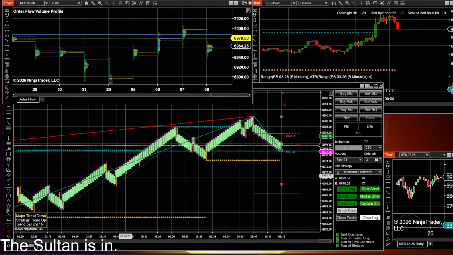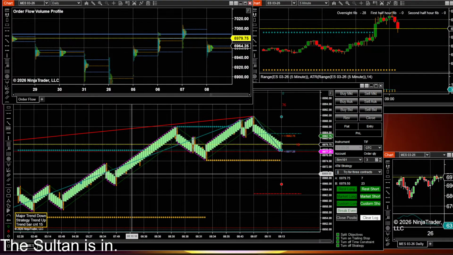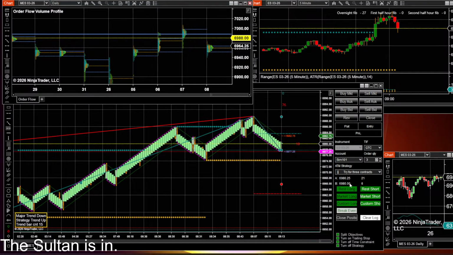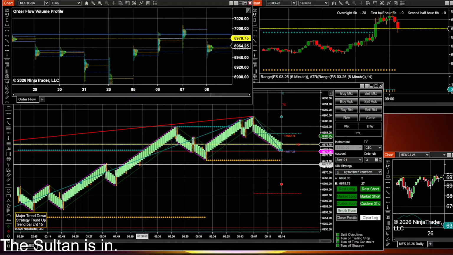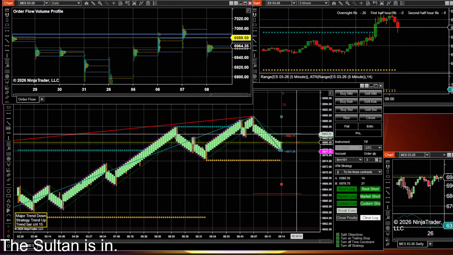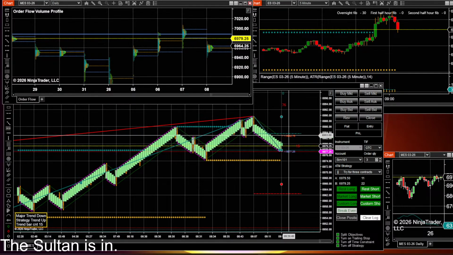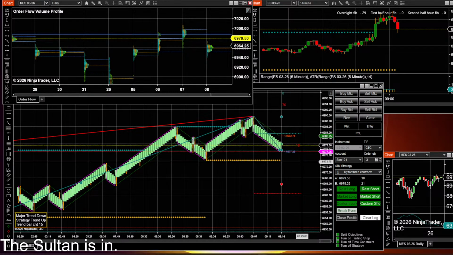But I like the first move down, little pullback. And this is my strategy, that I can click on a particular place and it knows to put it at the top of any particular bar, which would be represented by this number right here. This, or down, is this one.